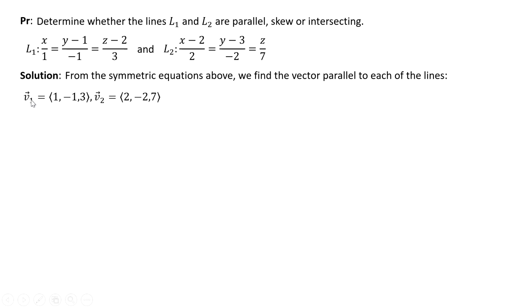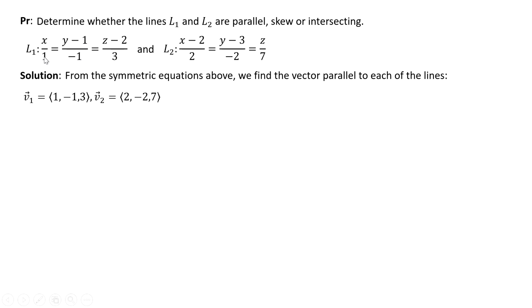The vector that is parallel to L1 is v1, and that is 1, negative 1, and 3. Where did I get that from? Well, recall, the symmetric equation is (x minus x sub 0) over a, (y minus y sub 0) over b, equals (z minus z sub 0) over c.